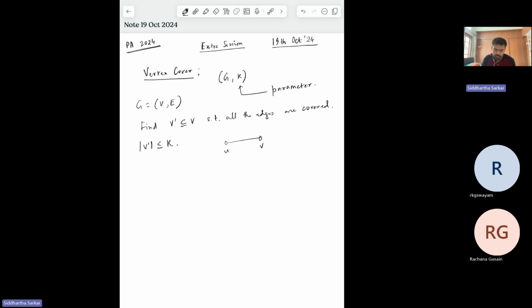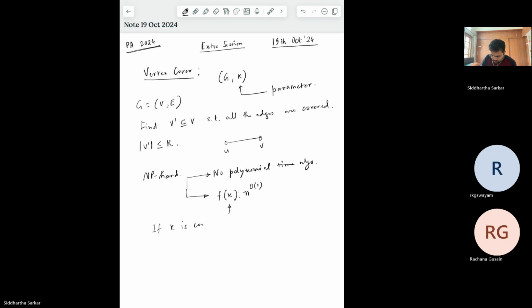The problem is NP hard, so we cannot expect a polynomial time algorithm in N. What we would like to see is an algorithm that runs in this much time: polynomial in N, but potentially exponential in K. Here f of k is any function of k, and as long as k is not a function of n, so if k is constant, then you have a polynomial time algorithm.